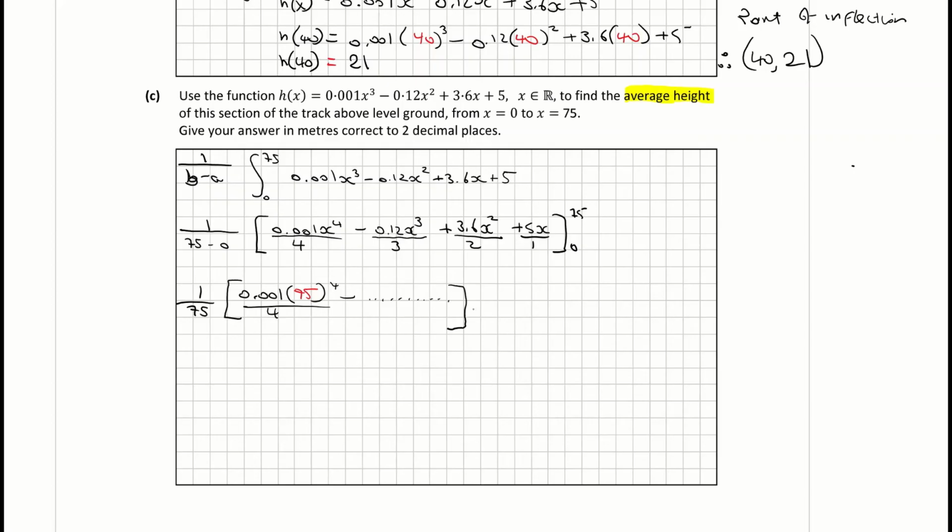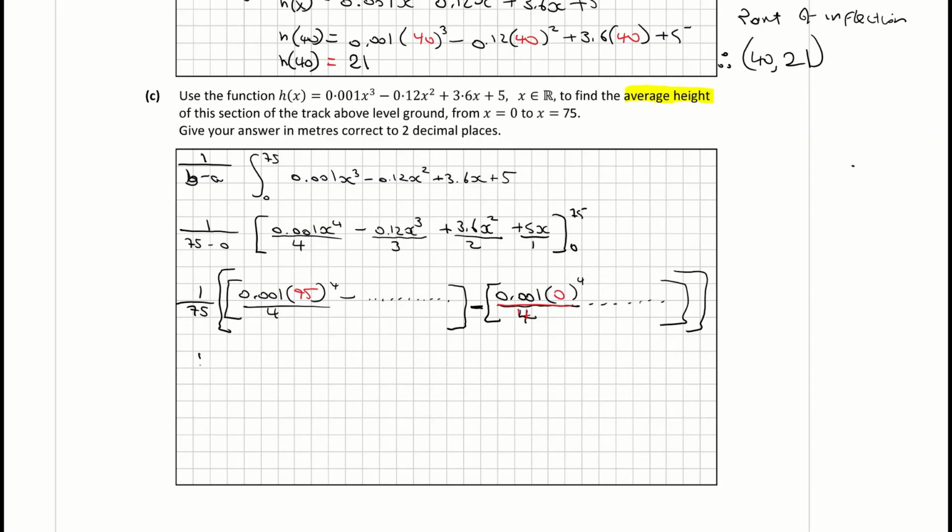Then I'm going to subtract me subbing in 0 for x. 0.001 times 0 to the power of 4 all over 4, and so on. So I'm just going to cut a little bit of a corner here just for speed, that I'm not going to bother subbing them all in. But that's basically the process here. So I'm subbing in my 75, subbing in my 0, and I'm taking them away from each other.